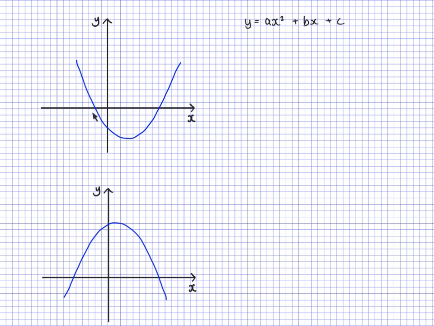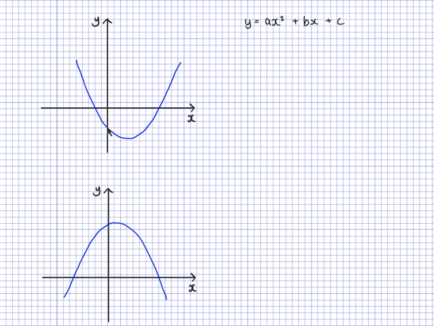You can also see that this graph here crosses the x-axis twice, and you can find these values by setting y equal to 0. So this is my y-axis, y is 0 here, or anywhere along this line. So when you put y equal to 0 and you solve it for x, you will get this value and that value.